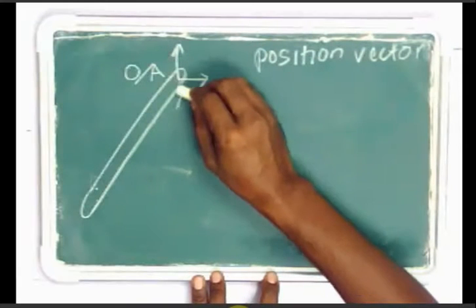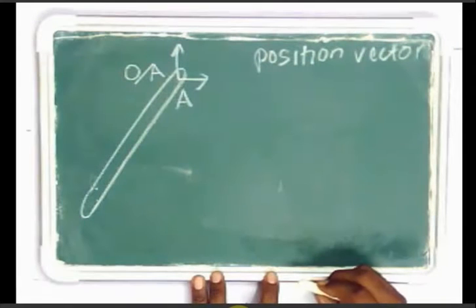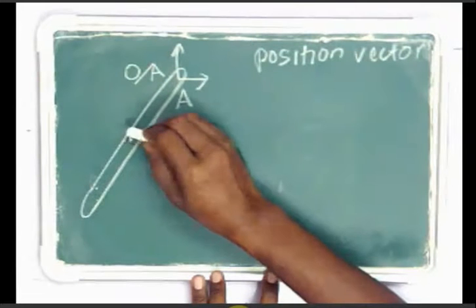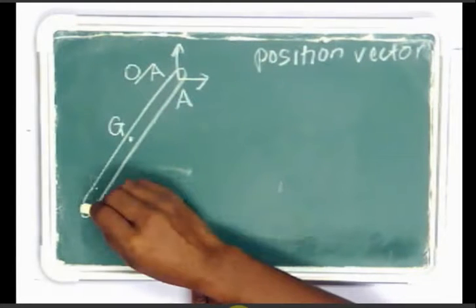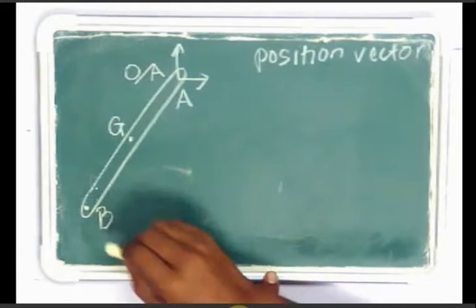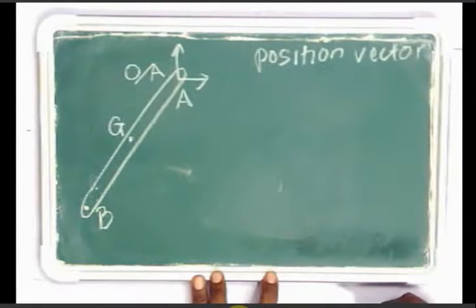So we're going to obtain the position vector of A, and then the mass center G as well as B at the end, D.